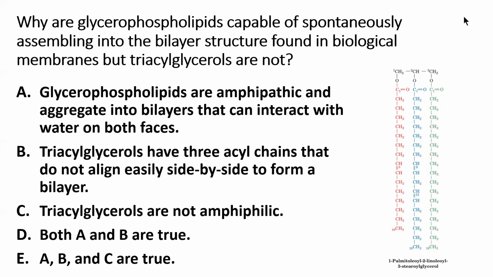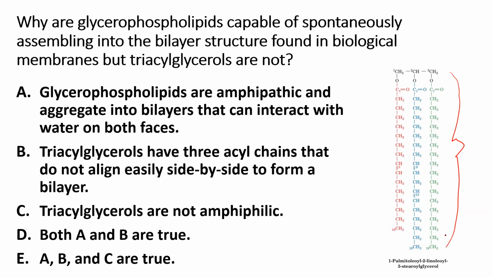Next question is, why are glycerophospholipids capable of spontaneously assembling into the bilayer structure found in biological membranes, but triacylglycerols are not? Okay, here's a picture of a triacylglycerol. Is it A, glycerophospholipids are amphipathic and aggregate into bilayers that can interact with water on both faces?